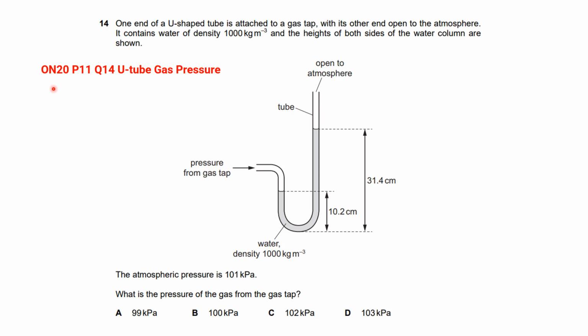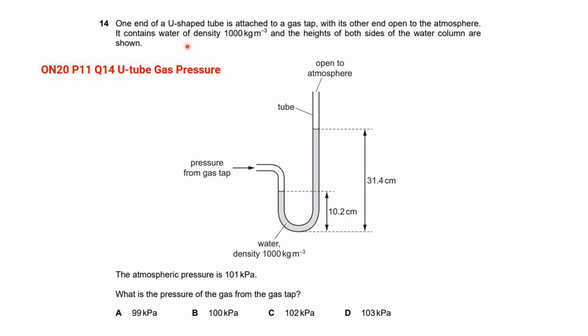This question is from October-November 2020, paper 11, question 14. One end of a U-shaped tube is attached to a gas tap, with its other end open to the atmosphere.